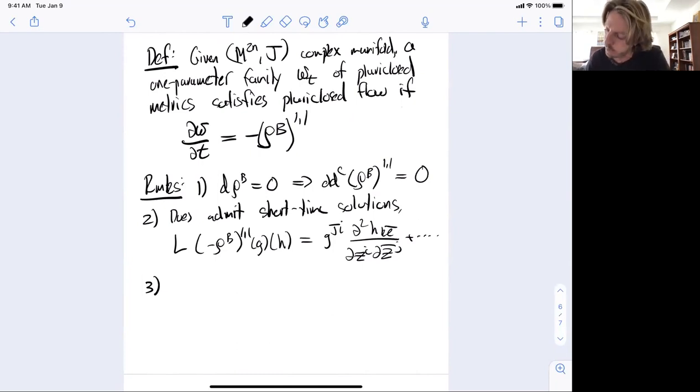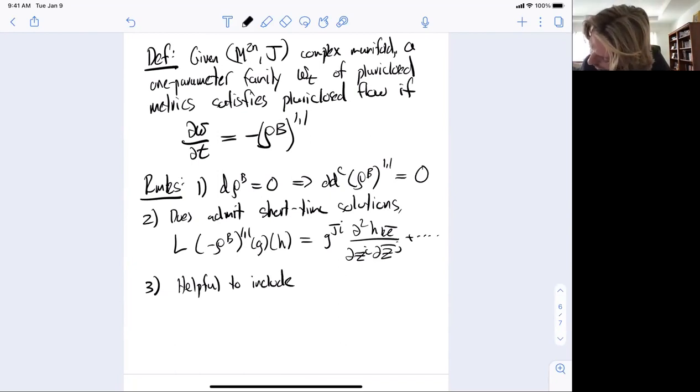And it turns out to be helpful to include something which keeps track of the 2-0 piece.